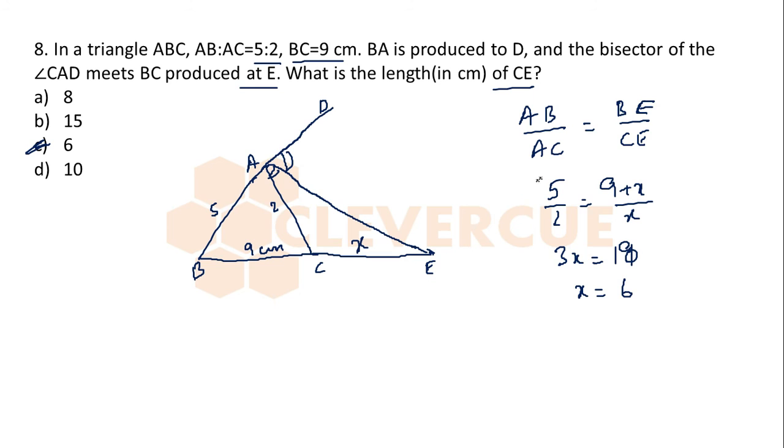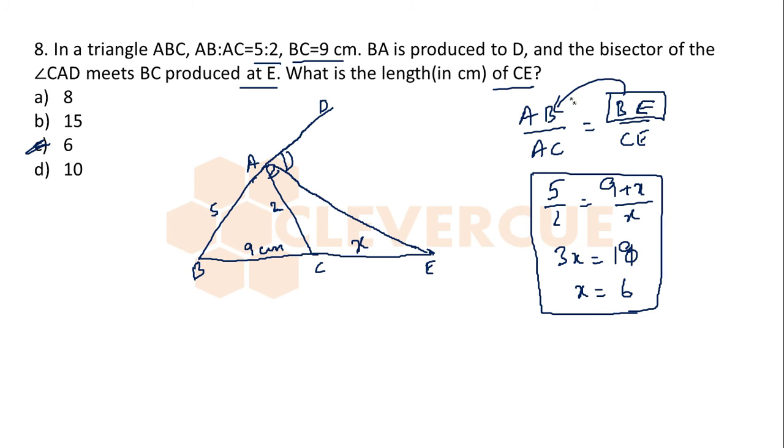But I suggest to not take these variables whenever it is possible. You have to do this method. See, here it is given that if BE is equal to 5 units, then CE has to be equal to how much? 2 units. Then the value of BC will be equal to 5 units minus 2 units. See here, the value of BC is BE minus CE.